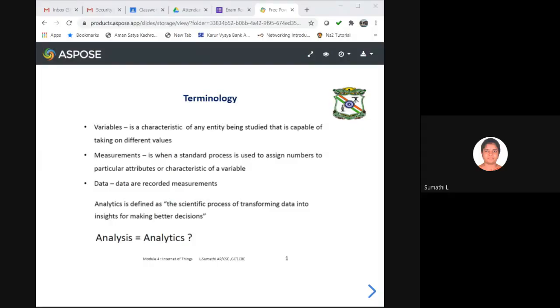What is this analysis, and what is the difference between analysis and analytics, or are they equal? You are quite familiar with this: when we have a class committee meeting, we have our unit test analysis, result analysis.